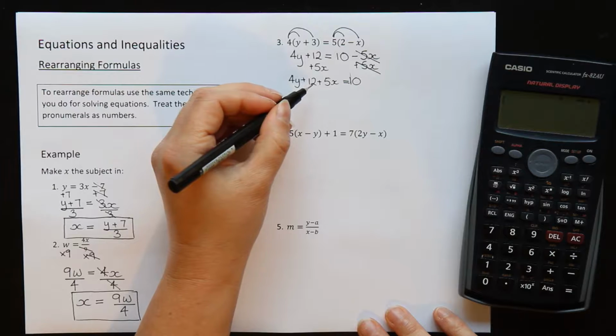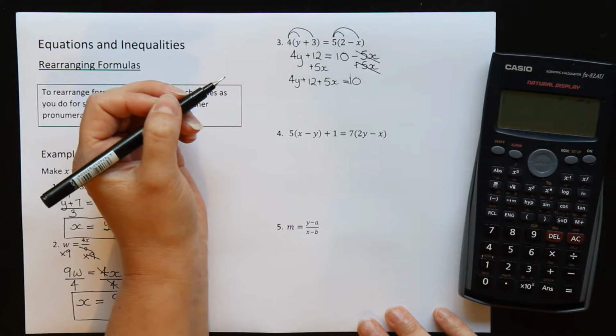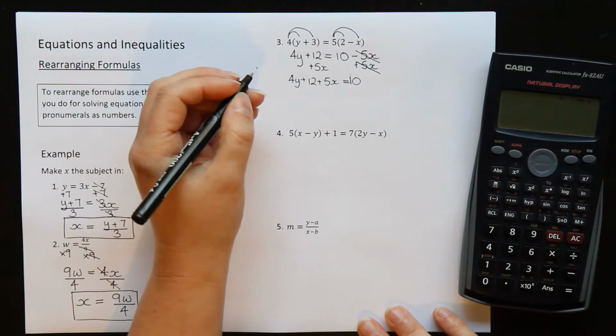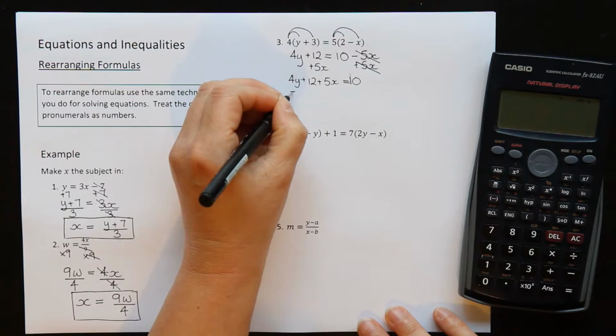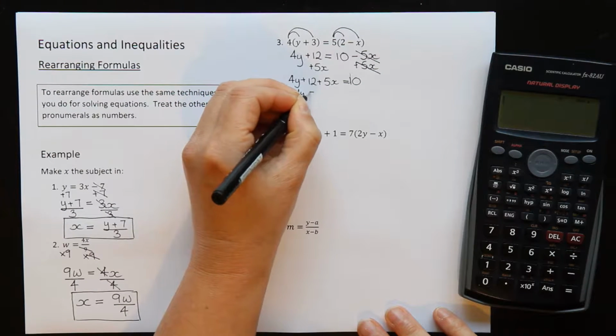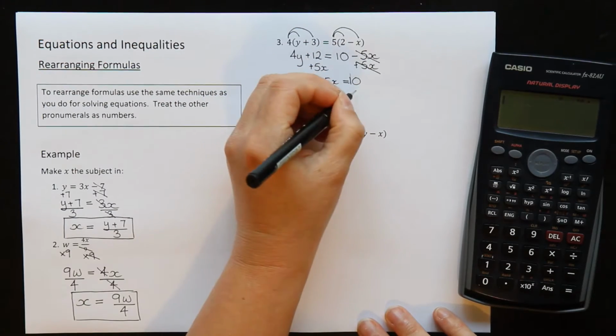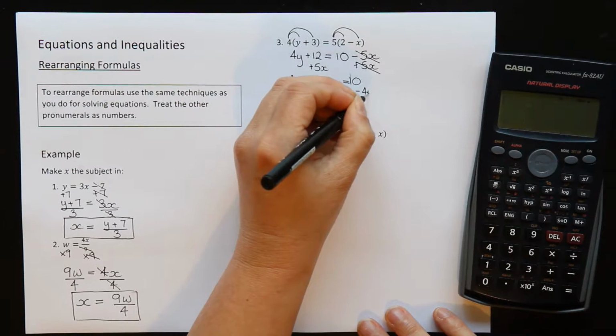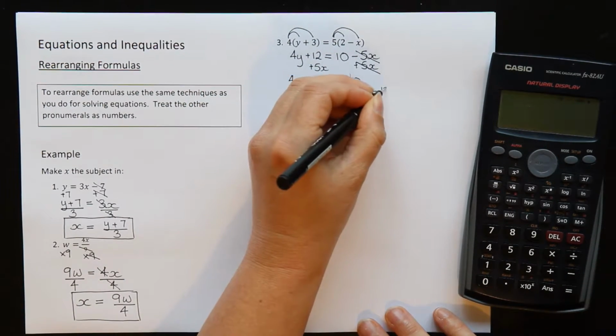Now I can subtract away these other two terms. Now I could do them one at a time, or you could do them both together. I'm going to subtract 4y and subtract 12, subtract 4y and subtract 12.